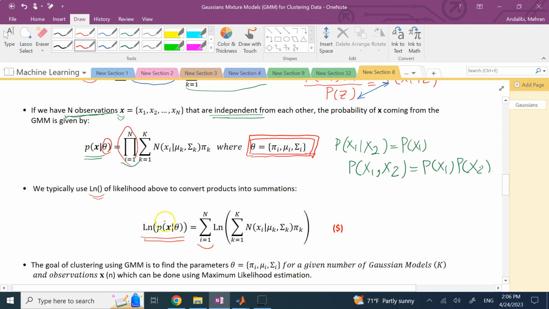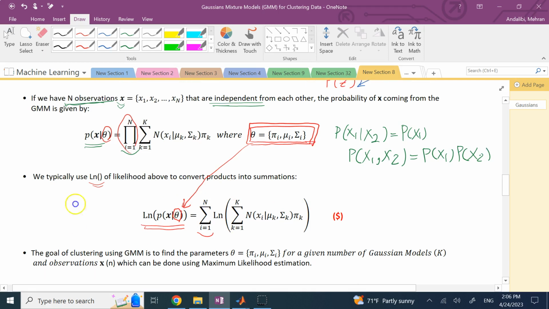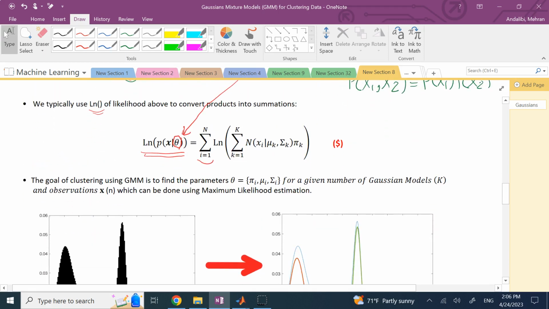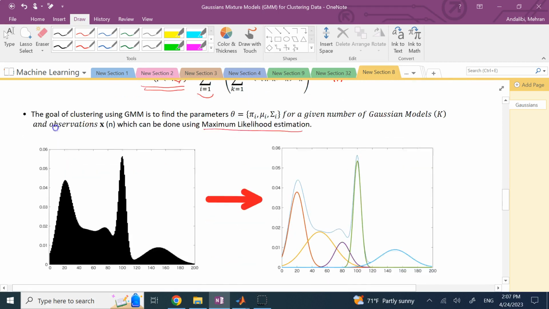Okay, so we try to maximize this function by changing these sets of parameters theta, and as I said, maximize this likelihood function, which we call expectation maximization or maximum likelihood estimation in this case. Okay, that is the goal that we have.